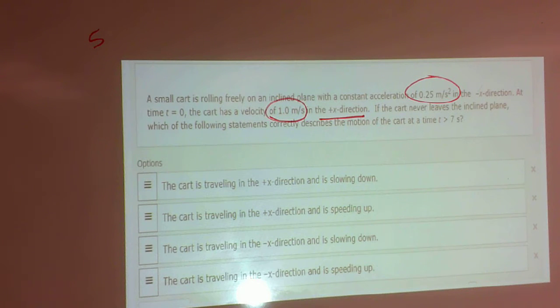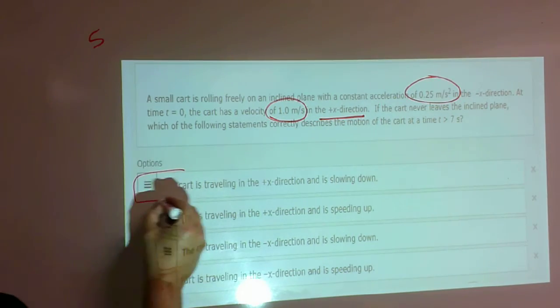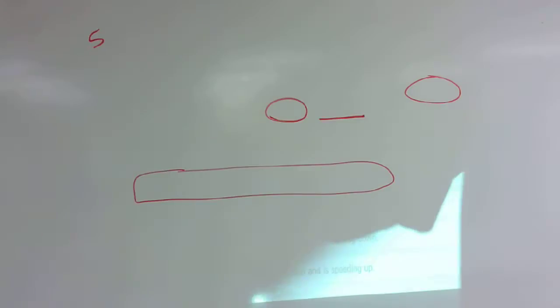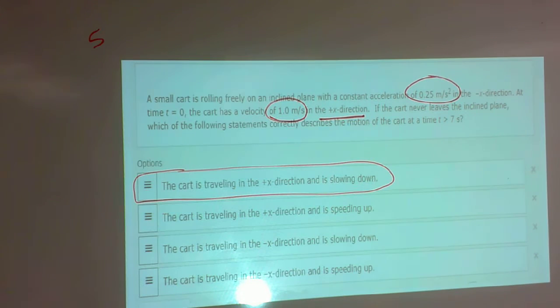That means I'm actually slowing down. So I am moving in a positive direction, and I am slowing down. I just want to keep up on this. I got to keep track of all the numbers we're using.